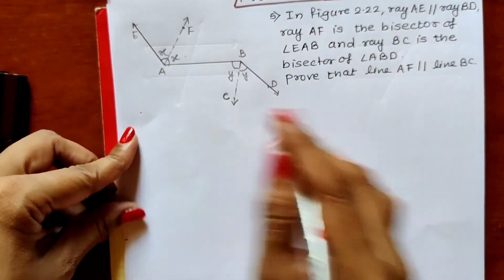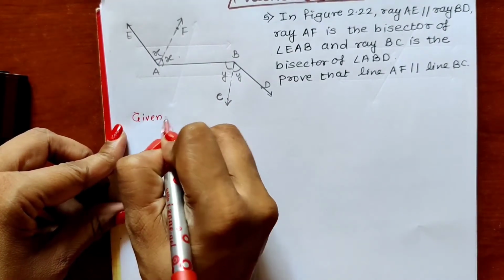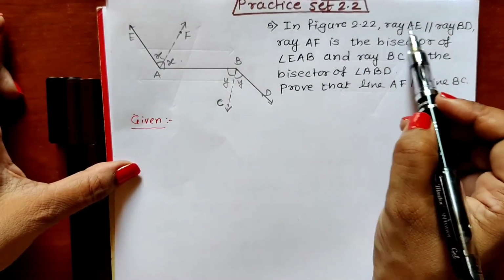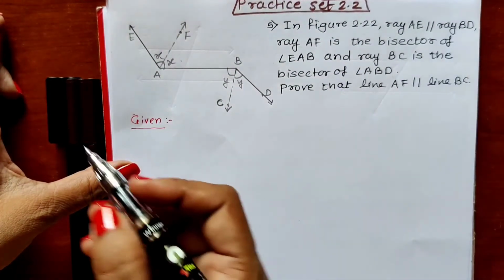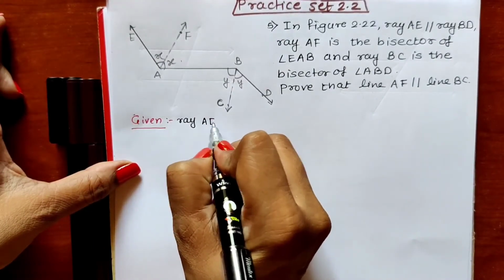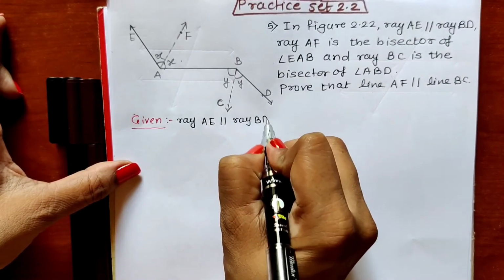I will be writing given here. What is given? Ray AE is parallel to ray BD.